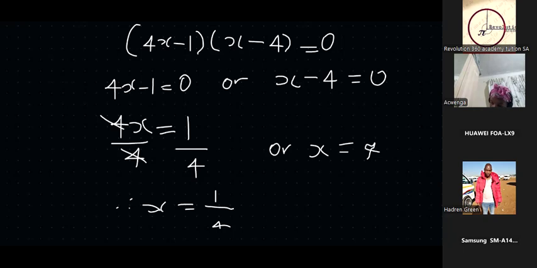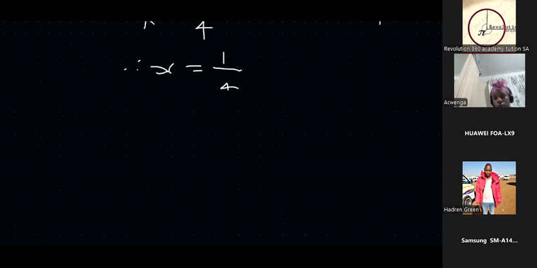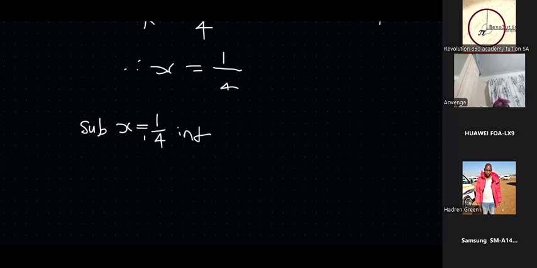Then you will say substitute x equals 1 over 4 into equation 1, for you to get y. So what is equation 1, if you still remember? It was y equals 2x minus 2.